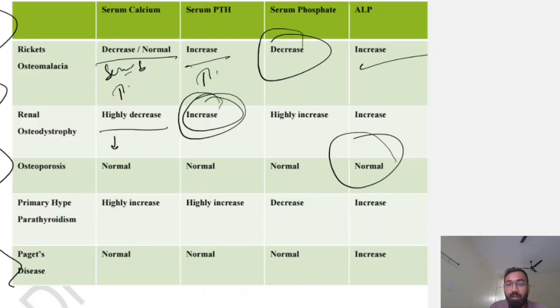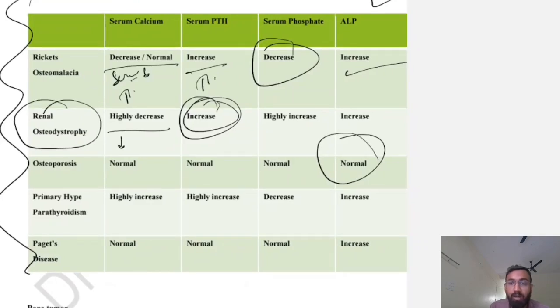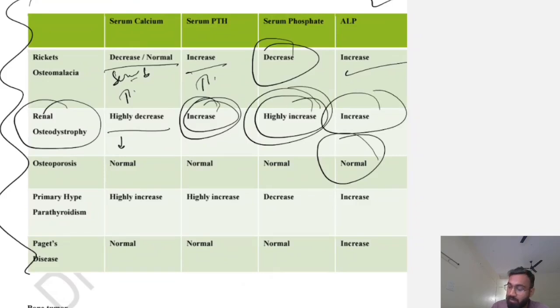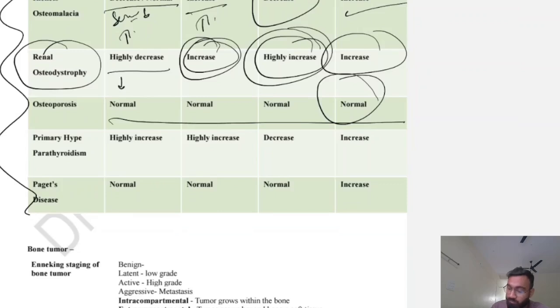Because PTH level is increased, serum phosphate should be decreased, but it is not, because PTH action is to increase absorption of calcium from the kidney and excretion of phosphate. But in renal osteodystrophy, the chronic kidney disease patient is not able to excrete phosphate, so serum phosphate will also increase. So that's why it is highly increased in renal osteodystrophy, and ALP level increases.